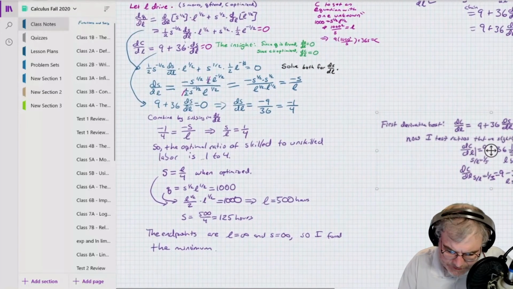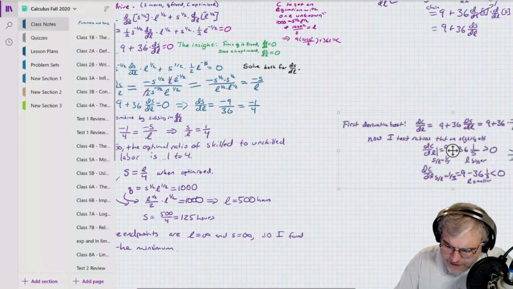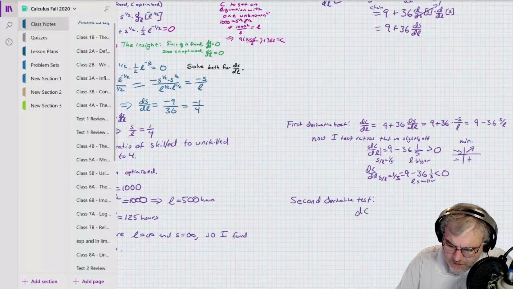Well, it's actually a little bit less of a pain in the neck. Because what I have is the exact same thing, and I just take the second derivative. So if I wanted to do a second derivative, right, I take dc over dl equals... Now remember, this first one was caused by the fact that it was fixed.